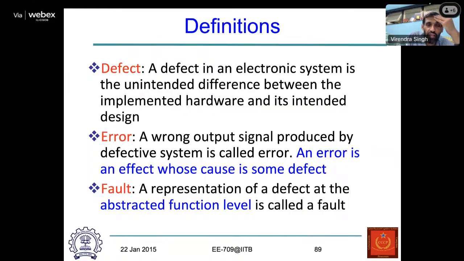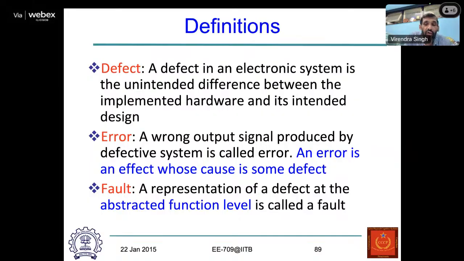Now, as I said, defect-oriented testing is an open problem. It's not possible to target each and every defect. But what we can target is, if there is a defect, how that defect manifests itself in terms of malfunctioning of the chip, and that we call a fault. A defect in an electronic system is the unintended difference between the implemented hardware and its intended design.